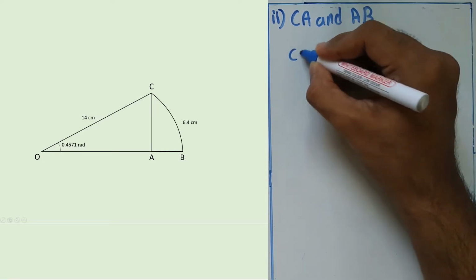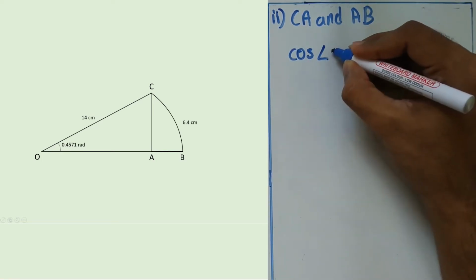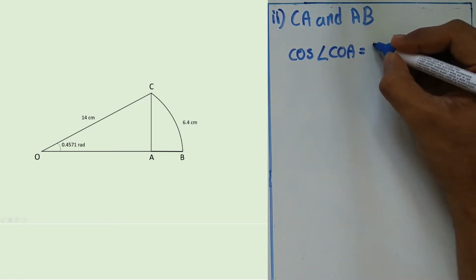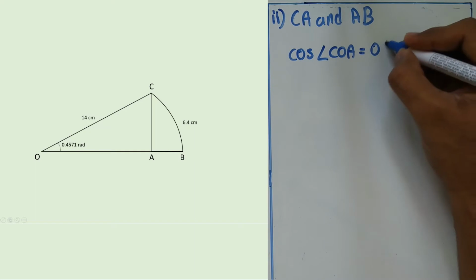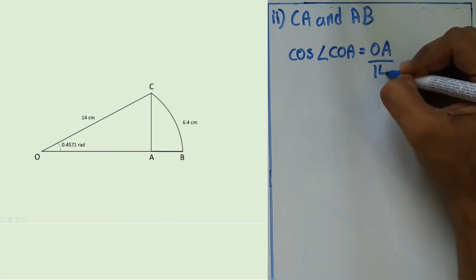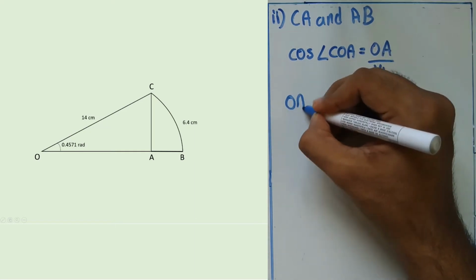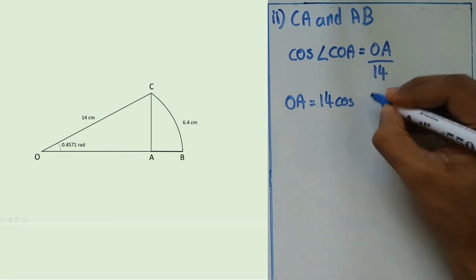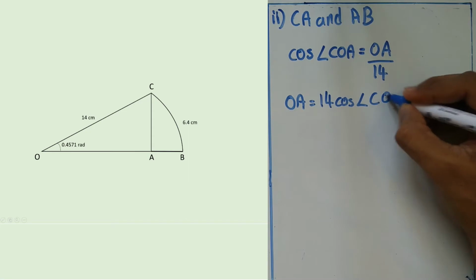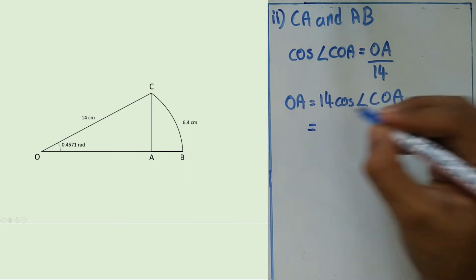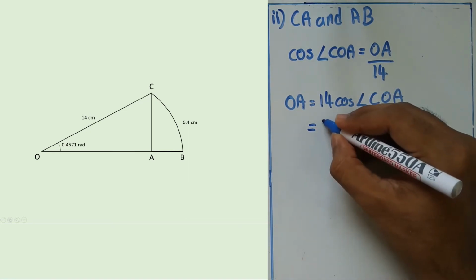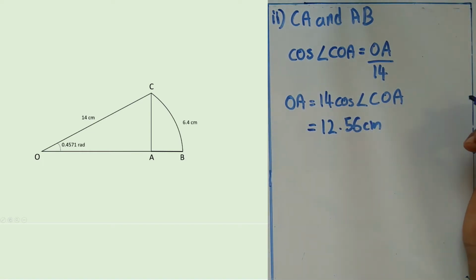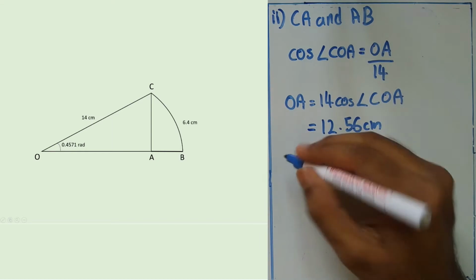First write down the formula. We will get 12.56 centimeters. But we need to get AB.